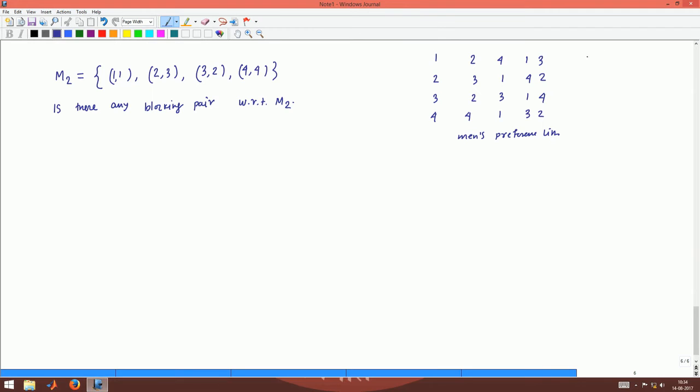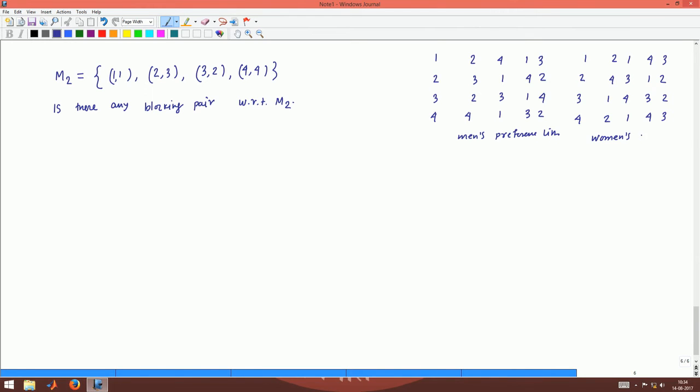The other one, the women's preference list, is 1 2 3 4, 2 1 4 3, 4 3 1 2, 1 4 3 2, 2 1 4 3.